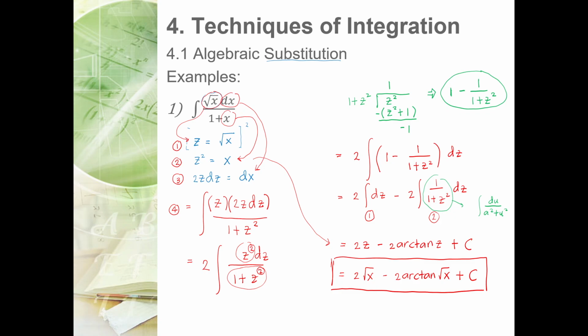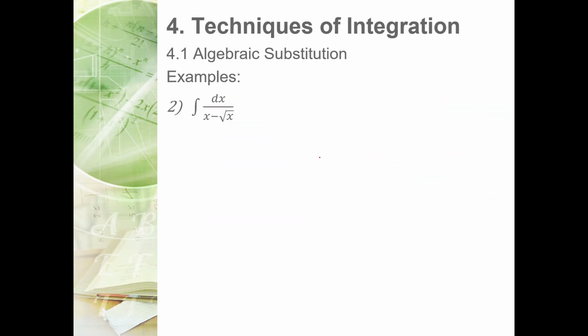Okay, so we go on to the next example. Next example, we have here the integral of dx all over x minus square root of x. Again, we try to observe the radical expression. This is what we're going to replace with a z parameter.